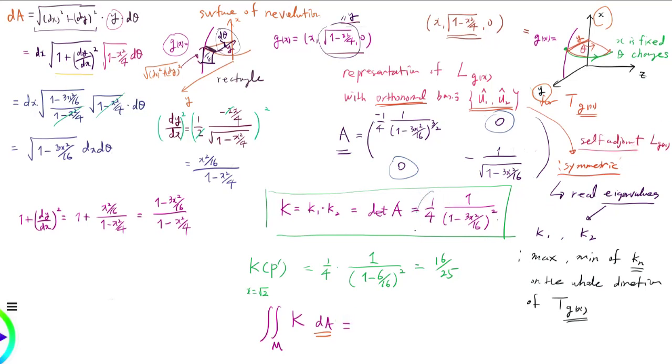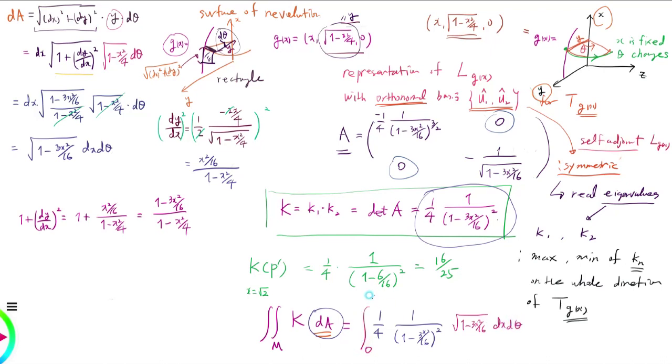So let's combine all of these. So for the curvature on this generating curve, we have 1/4 times 1 over 1 minus 3x squared over 16, and its square. For the element of area, we have square root of 1 minus 3x squared over 16 dx d theta.